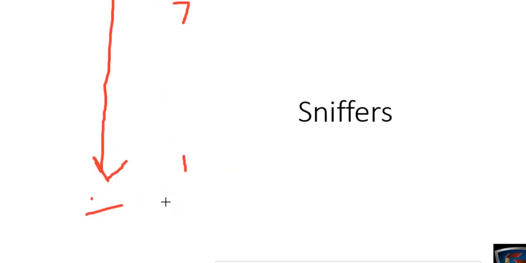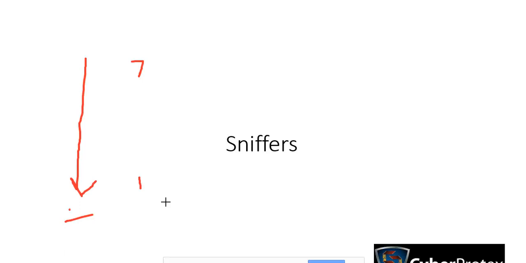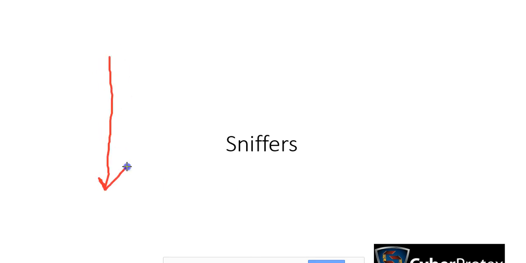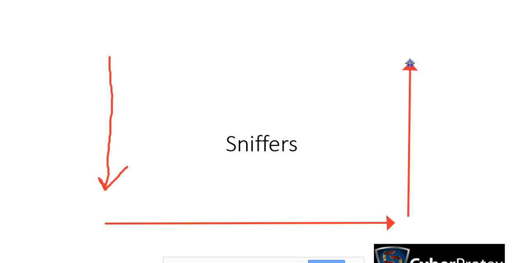Okay. All right, that was cool. So the way that works is, again, it goes down the stack like this, and I think I've actually got an arrow. Ooh, look at that, an arrow. And then here, and then it goes up. Okay. Over here, this is encapsulation, and this is decapsulation.